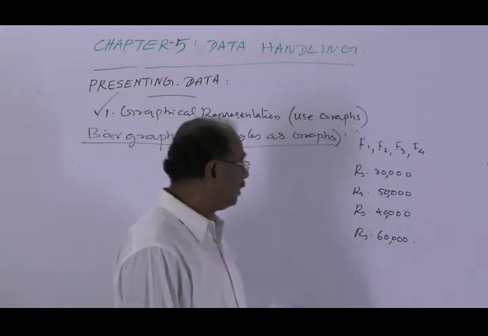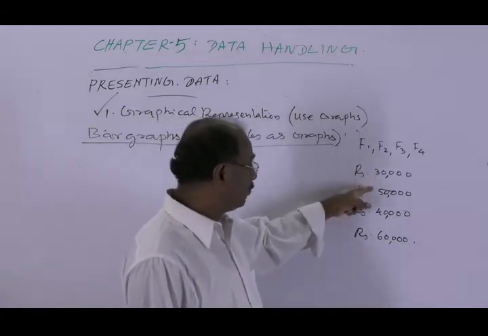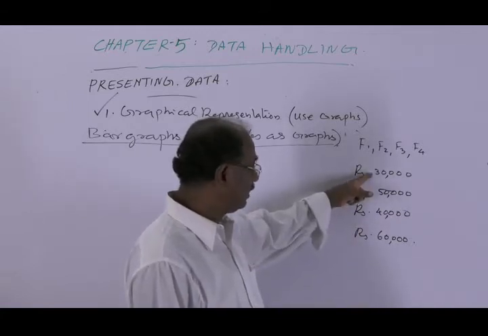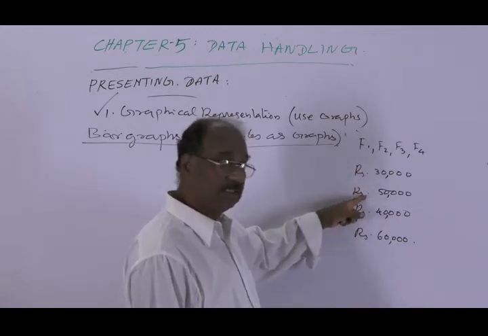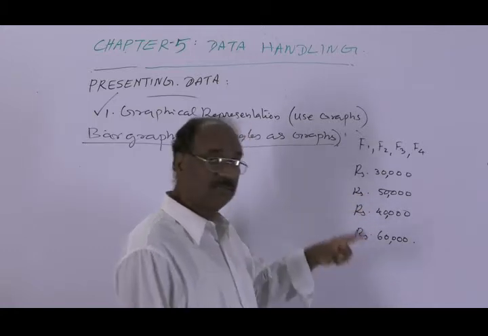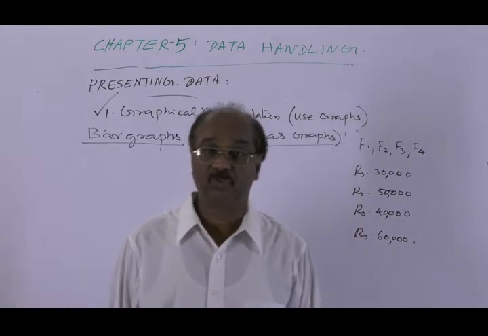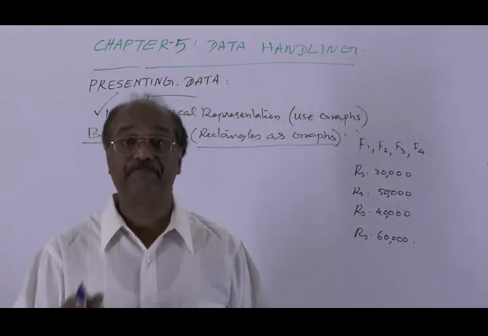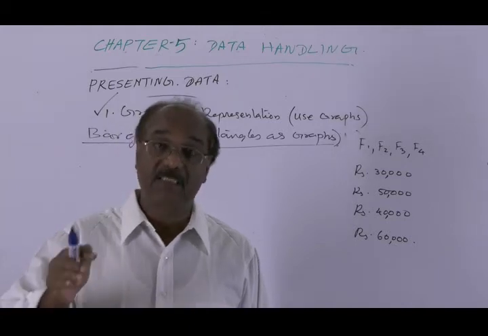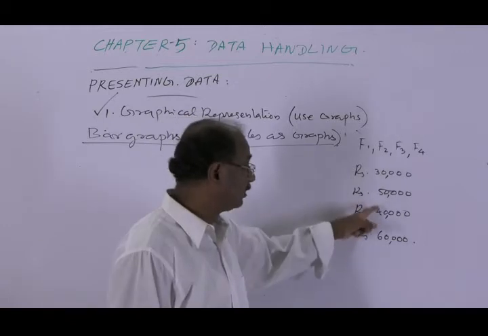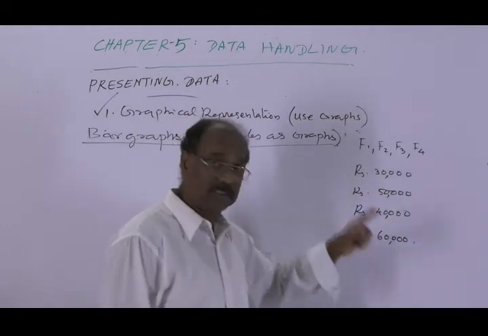Then we use bars for each family. One bar for the first family F1, another bar for the second family, a third bar for the third family and a fourth bar for the fourth family, whose widths are the same, and height or length proportional to the numerical values 30,000, 50,000, 40,000, 60,000.